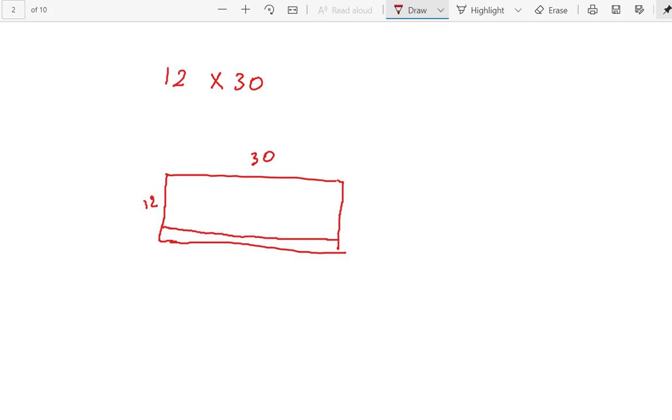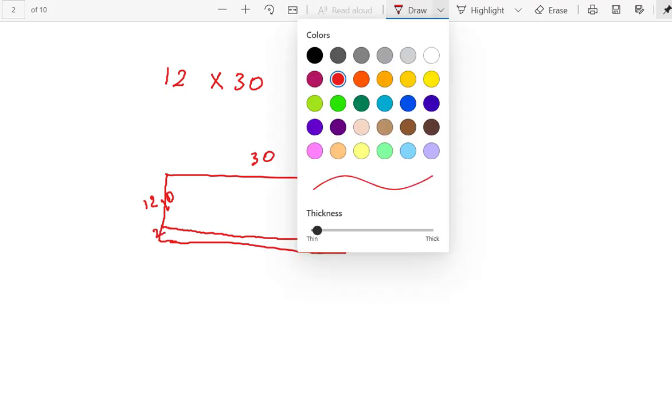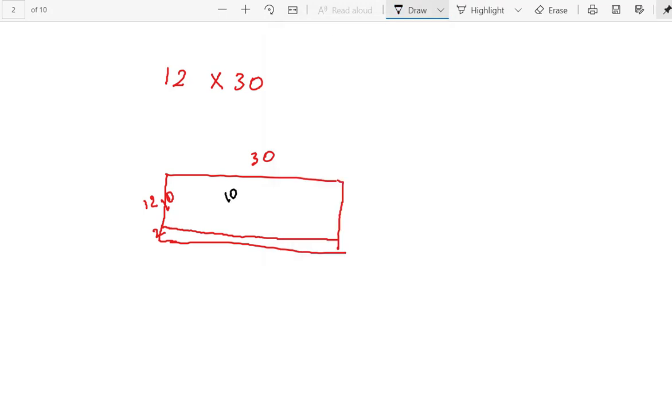Now this is 10 and this is 2. We find 10 multiplied by 30, which is 300. For this area we multiply 2 by 30, which is 60. After that we add them to get 360.